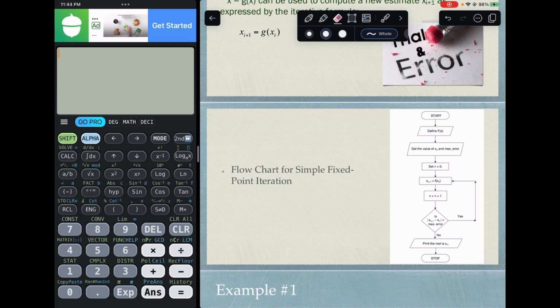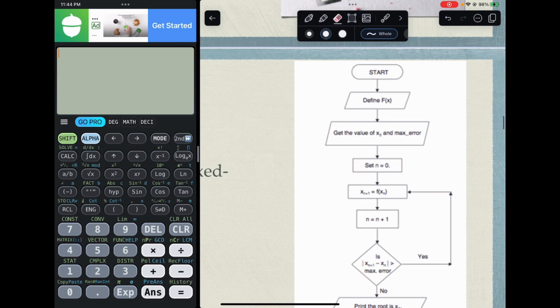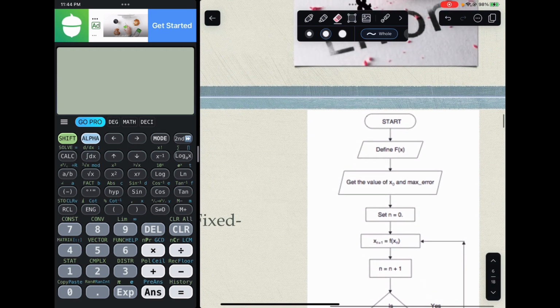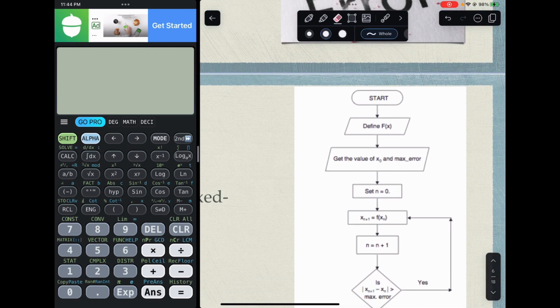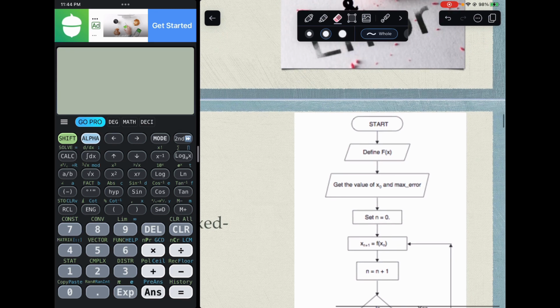So usually, this would be a flow chart for simple fixed point iteration. Recall the process in creating a flow chart. We have this oval type figure for the start of the program, and then we have the input entries.